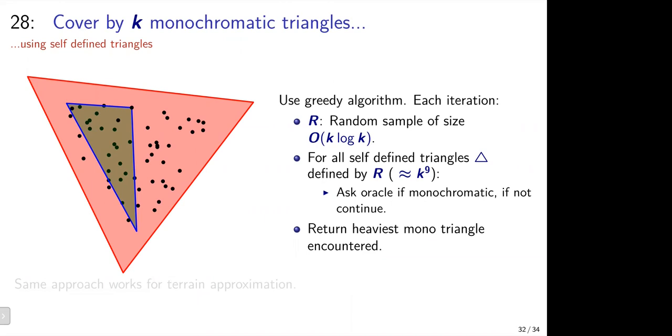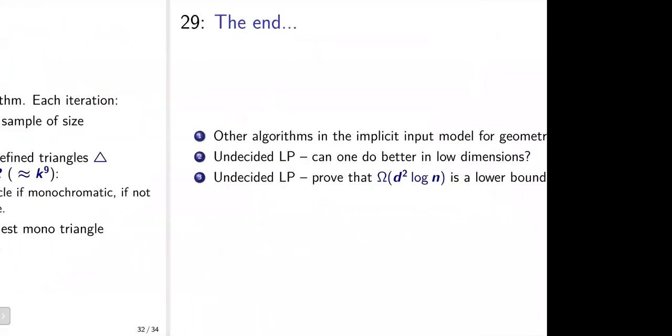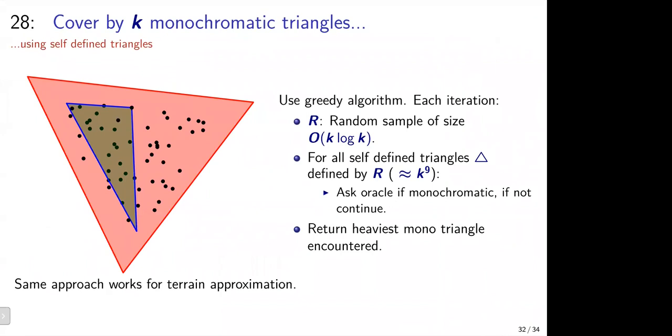So we return the heaviest monochromatic one that we found, we add it to the cover, and we remove all the points that it covers, or mark them as labeled, and we repeat this process. So we get again this algorithm that does polynomial in k and log n queries and labels all the points, or if you want, covers all the points by a relatively small number of triangles.